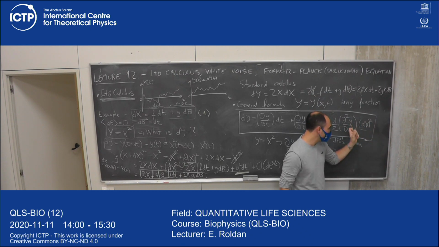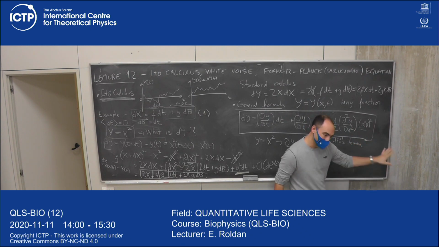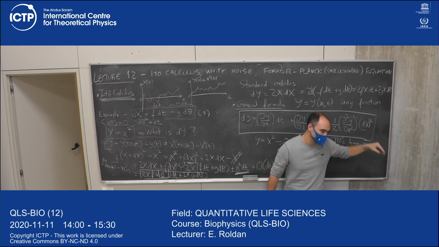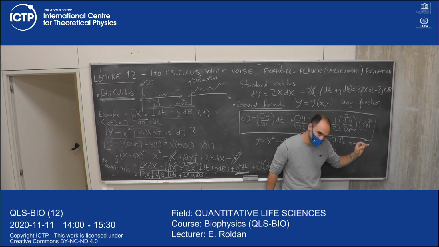So I will keep here terms that are of order dt. Higher than dt, I kill them. They are negligible when dt is small. In reality, there should be infinite terms: dt cubed, dt to the fourth, dt to the fifth. But I will only keep up to dt. This is the minimum I should take care of. Okay?